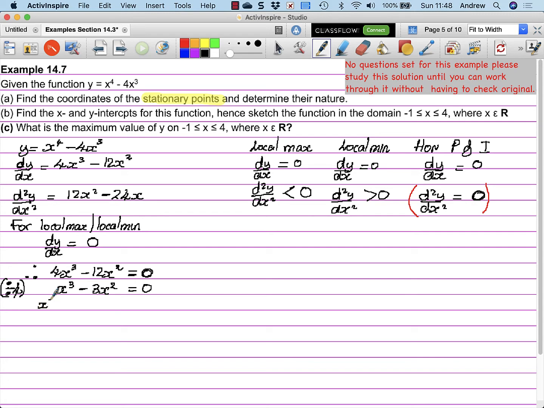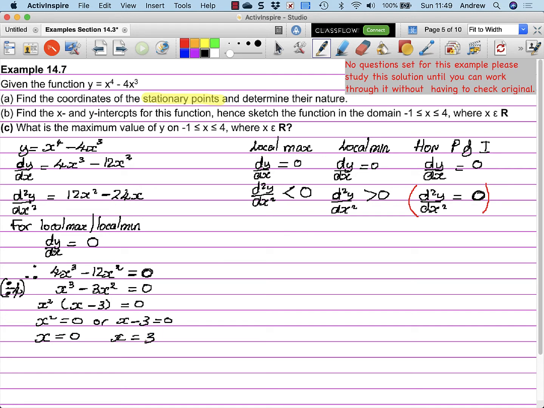So we've got x squared, open bracket, x minus 3 is equal to 0. Using the method of zeros, we've got x squared is equal to 0, or we've got x minus 3 is equal to 0. X squared equals 0 yields the solution x equals 0. X minus 3 equals 0 yields the solution x equals 3.